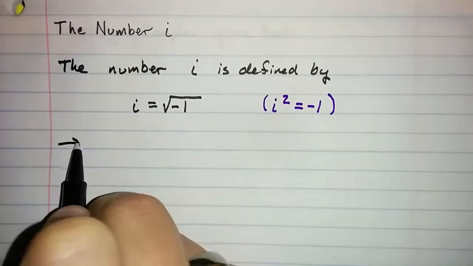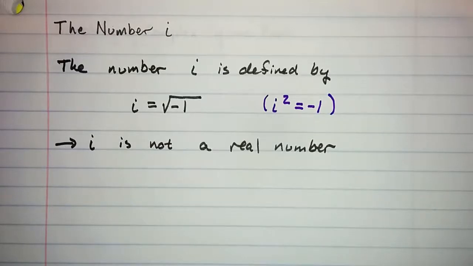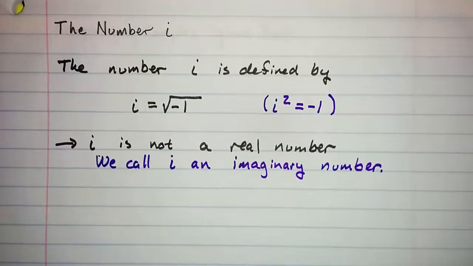Well, it's pretty clear that i is not a real number, because any real number, if we square it, we get either something positive or 0. We call i an imaginary number. And then we'd like to be able to do arithmetic with i and all of the real numbers that we started out with.